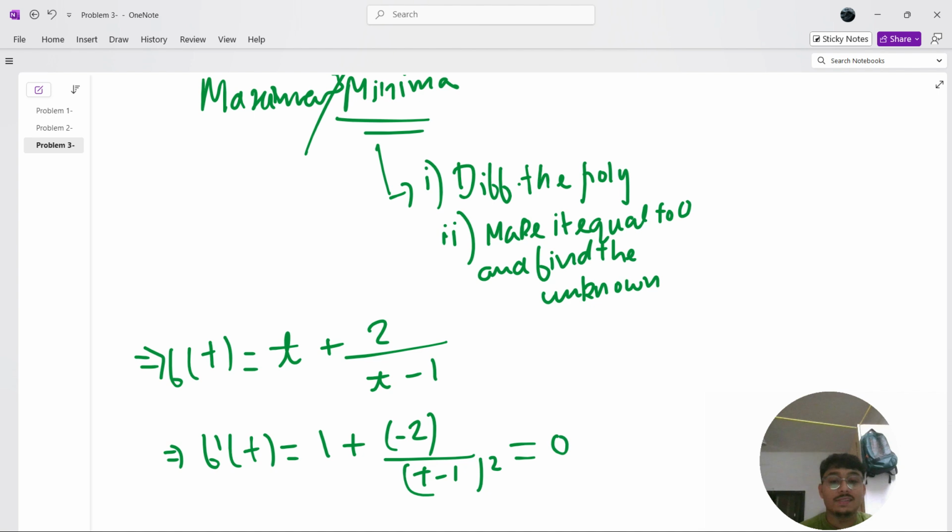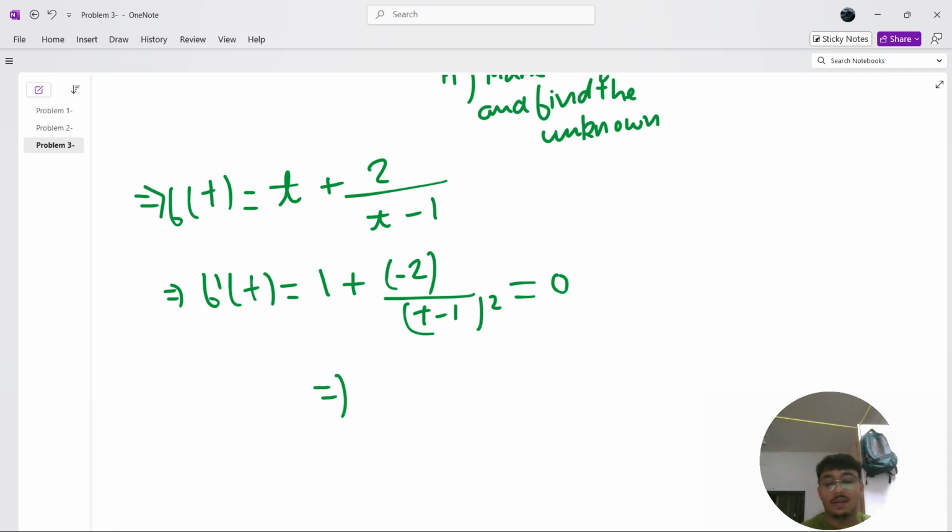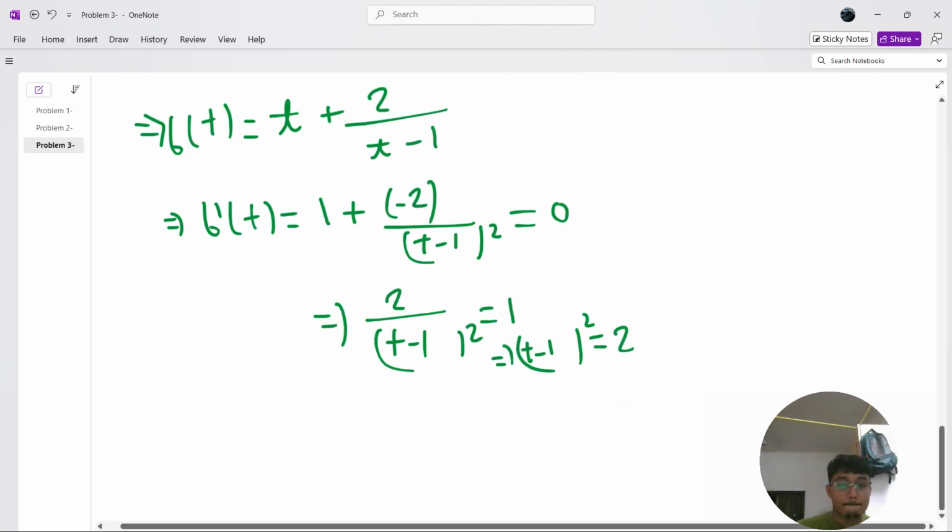We need this to be 0. Now what I can do is take this to the LHS and just rearrange my signs. We get 2 by t minus 1 whole square is 1. From here I can write t minus 1 whole square is equal to 2.